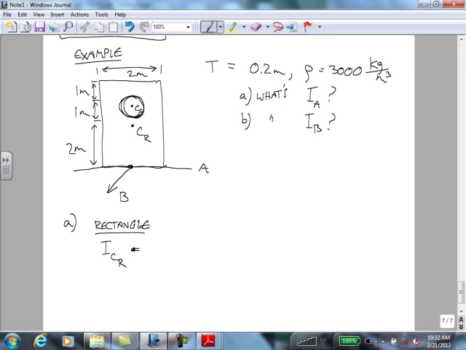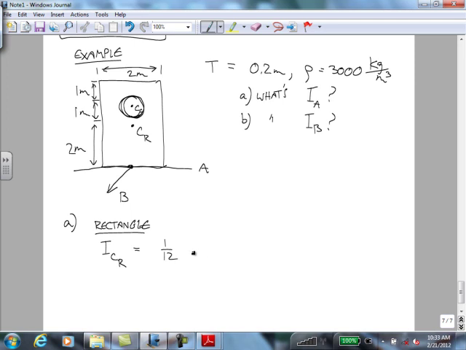IX. This is A, so it's going to be like Y, or Z. So we're going to go 1/12 times the mass. And the mass of the rectangle is the density times the thickness times the area of the rectangle.